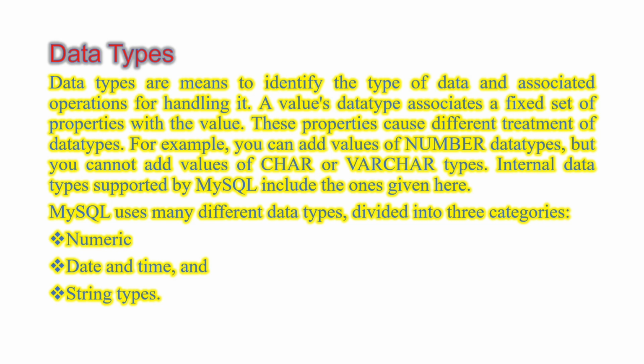For example, you can add values of number data types, but you cannot add values of character or varchar types. Internal data types supported by MySQL include the ones given here. MySQL uses many different data types, divided into three categories: numeric, date and time, and string types.